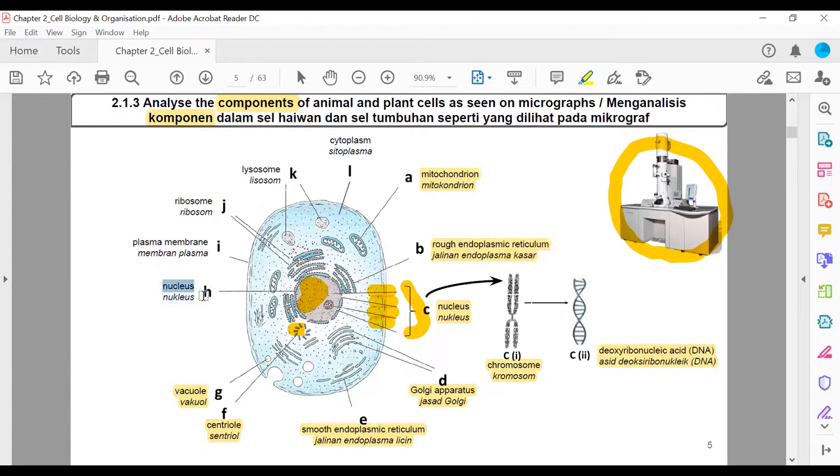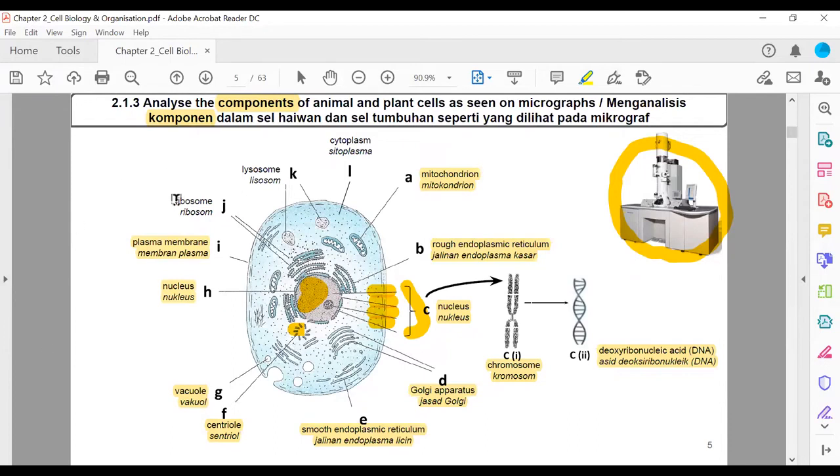Then H again nucleus. Alright. I, plasma membrane ataupun membrane plasma, di mana semasa form 1, form 2, form 3 kamu panggil cell membrane ataupun membrane cell. Sekarang kita tak guna lagi cell membrane, kita guna plasma membrane ataupun membrane plasma.